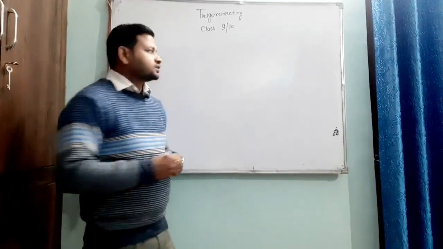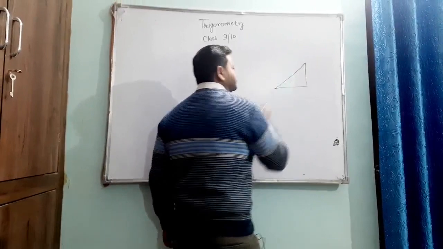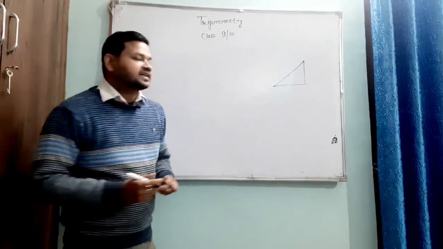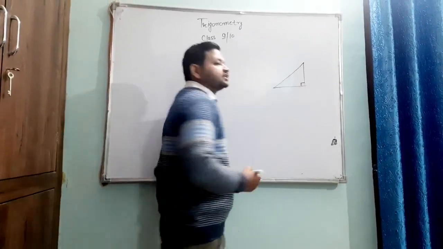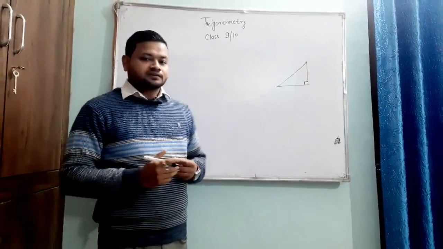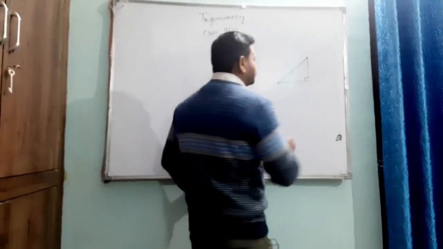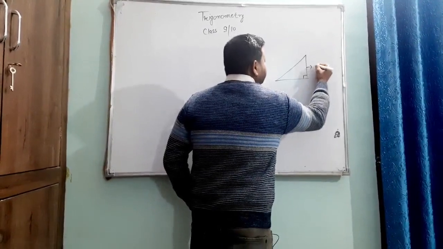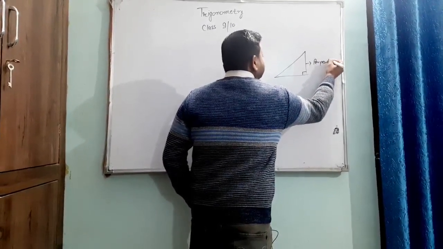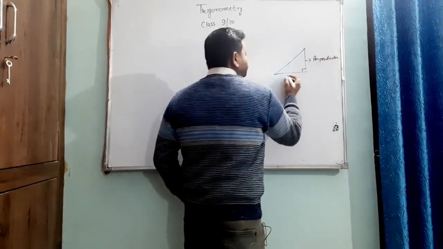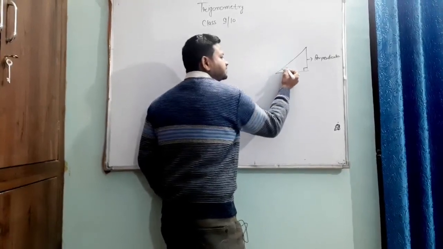We always use a right angled triangle for trigonometry. As you know, what is a right angle triangle? A triangle in which one angle is 90 degrees is known as a right angle triangle. There are a few things we have to know: this side is known as perpendicular, this side is base, and we have here an acute angle, known as theta.